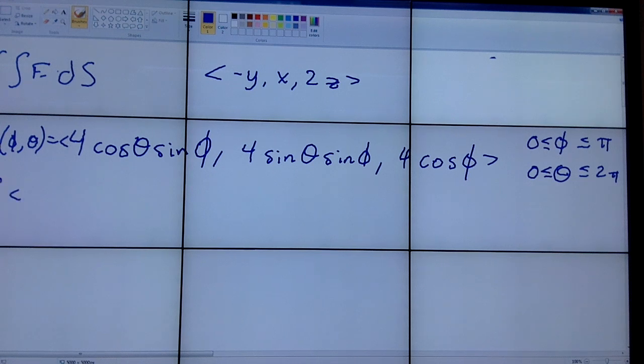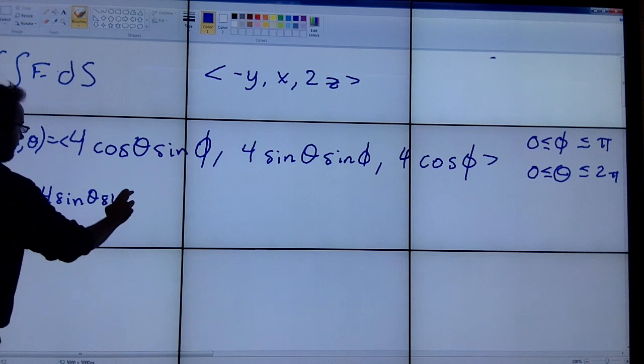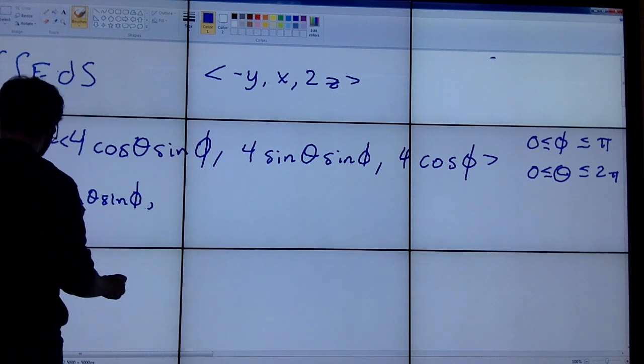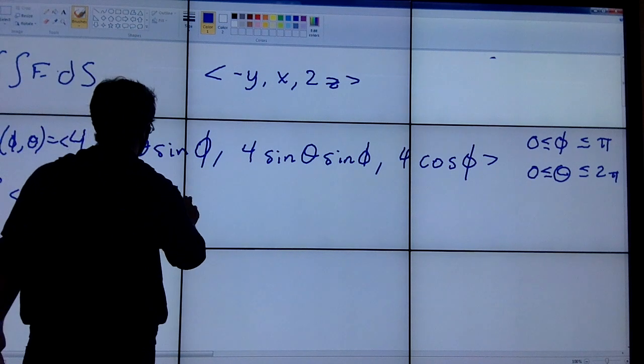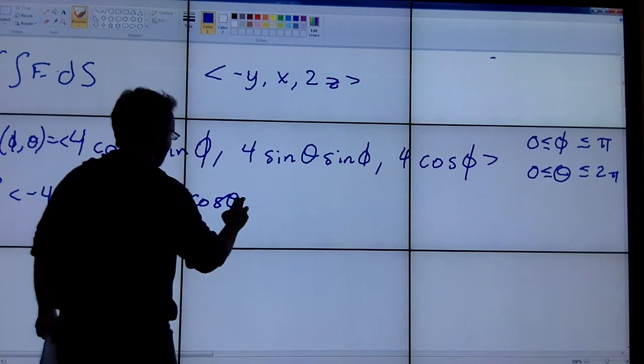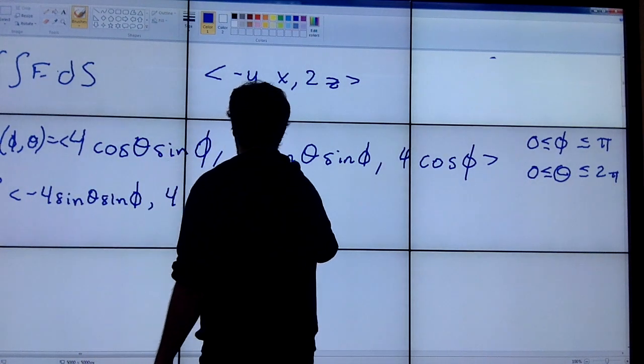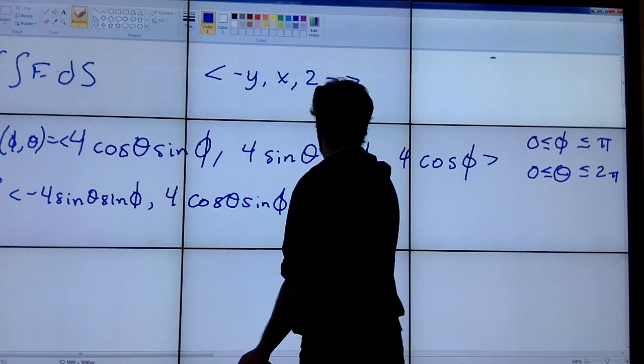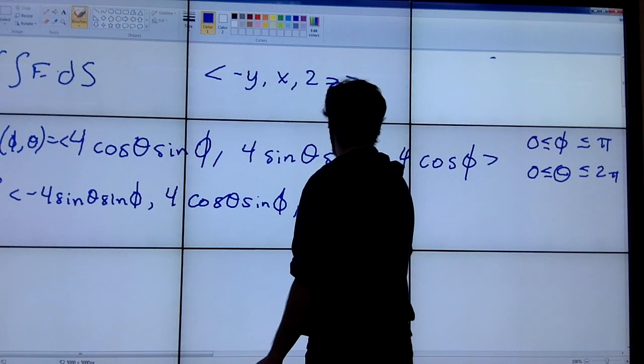What is F? F is negative y, so it would be negative 4 sine theta sine phi, comma, positive x, that'd be 4 cosine theta sine phi. I'm going to slow this down in a second just to catch you guys up. And then we have 8 cosine phi.